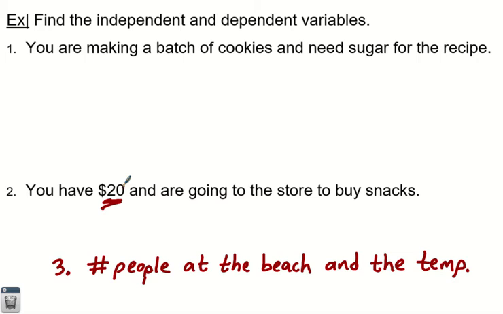I know you could easily describe a situation where the amount of money it will be depends on how many snacks you buy. So I think the best example here is number 3, because those are regular words in the English language: independent, dependent. So they shouldn't be too hard to wrap your brain around. It's all about which variable will depend more on the other one.